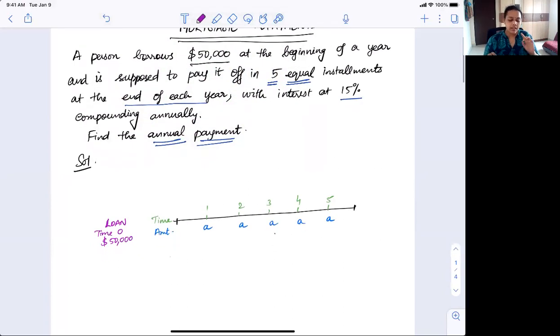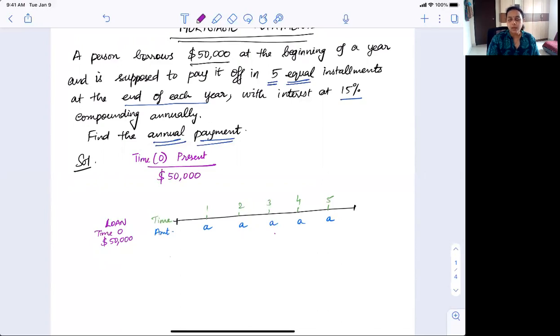We're told that the amount borrowed is $50,000, and this borrowing happens at time 0. Time 0 is another way of just saying present. So if you think about this from the perspective of the lender, the bank, or whoever is giving you the money, at time 0 the value of the loan is 50,000.